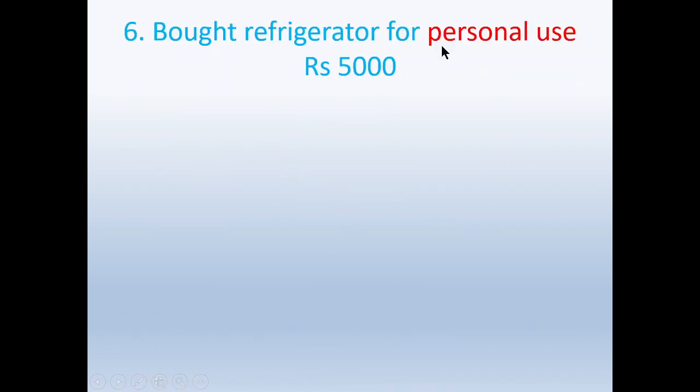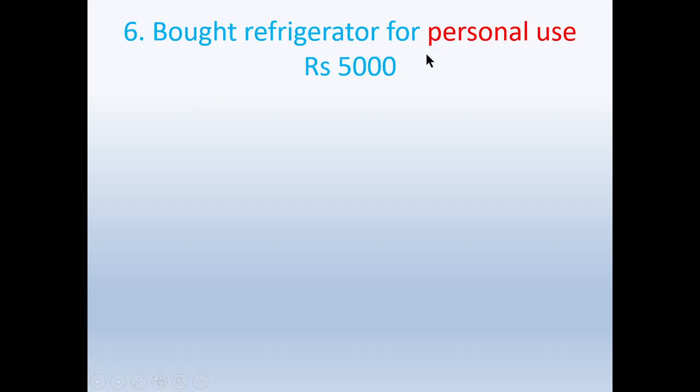Next, bought refrigerator for personal use rupees 5,000. Here personal use means that owner's use. So owner purchased the refrigerator for personal use, but the amount given by business. So in this case 5,000 paid by the business, but the refrigerator taken by owner.